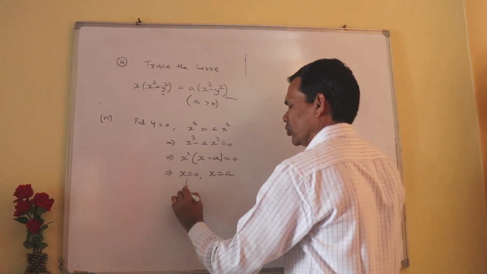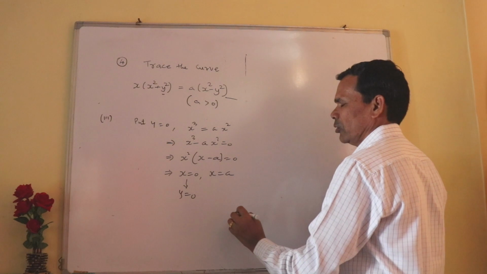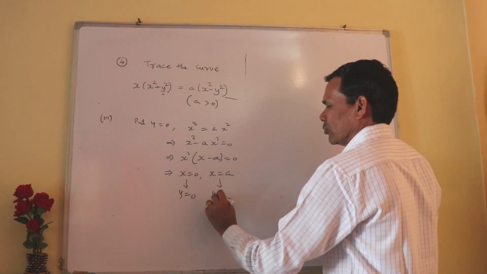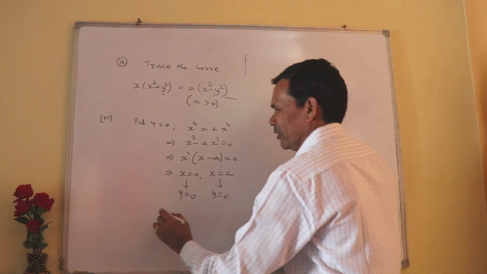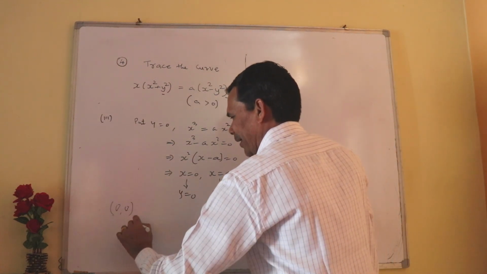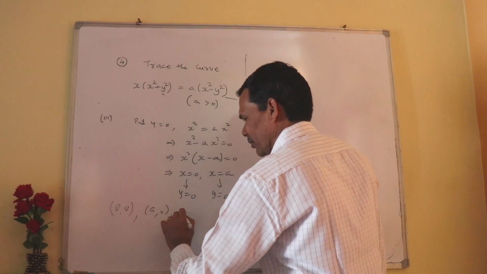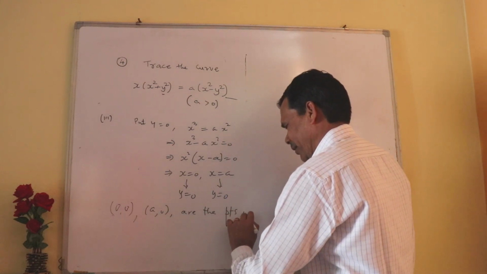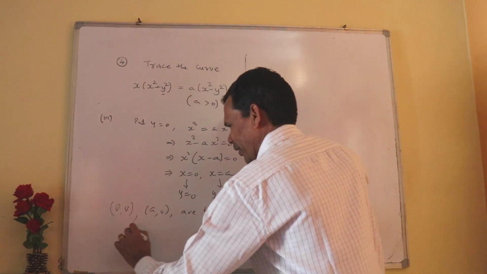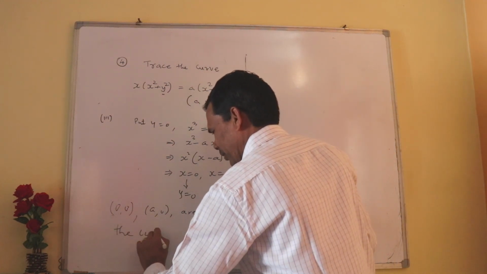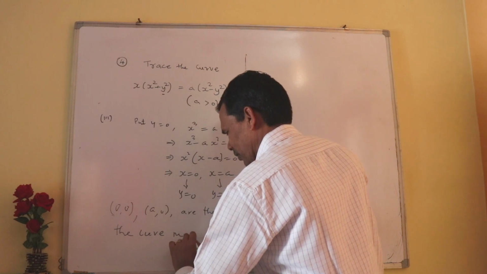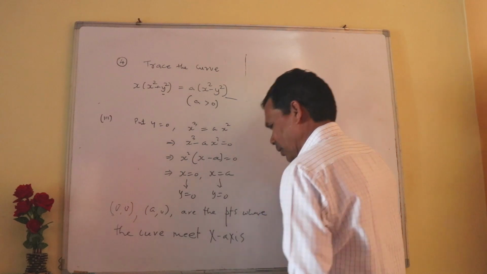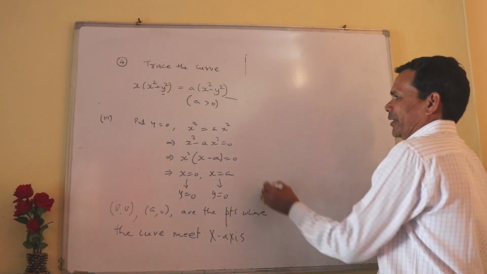For x is equal to 0, if you check, y is equal to 0, and for x is equal to a, y is equal to 0. So what happens here? 0,0 and a,0 are the points where the curve meets the x-axis.